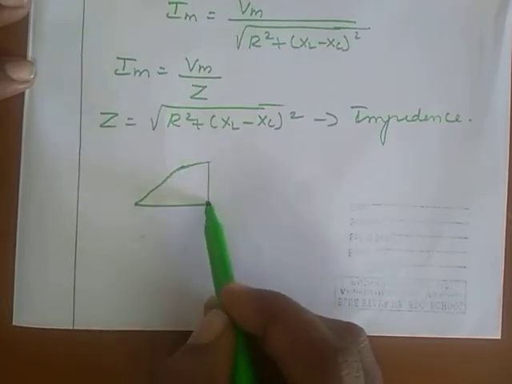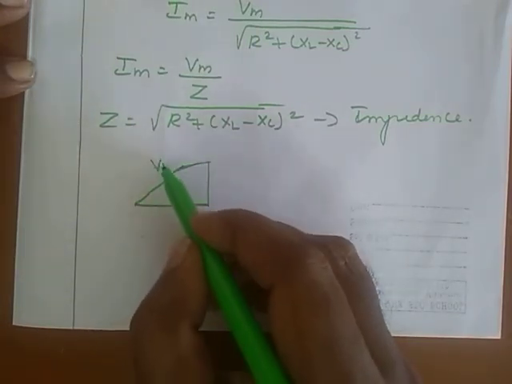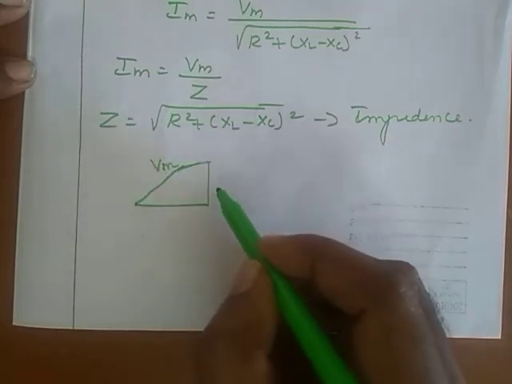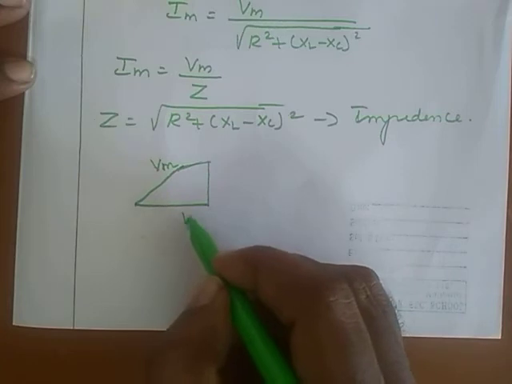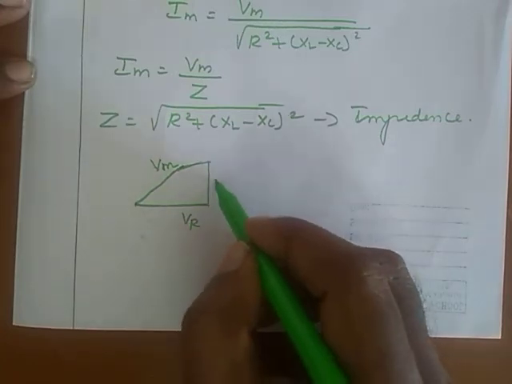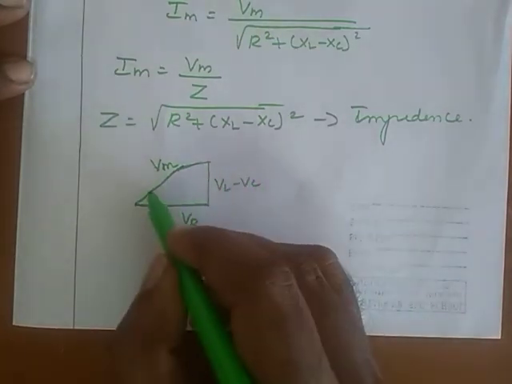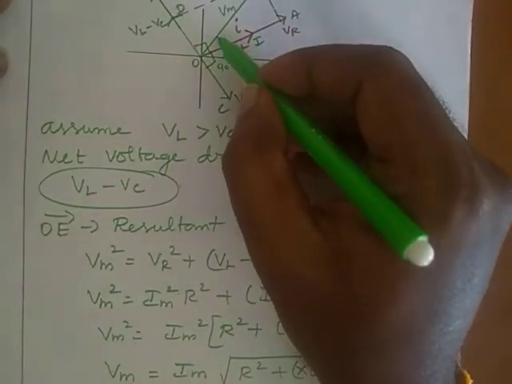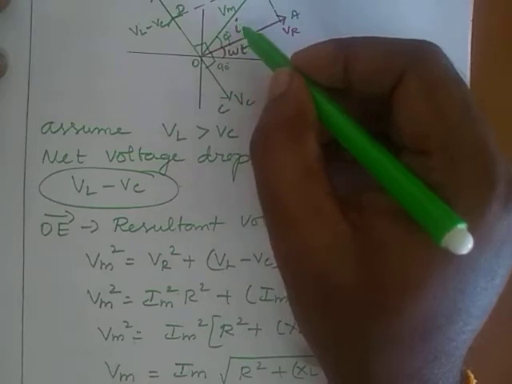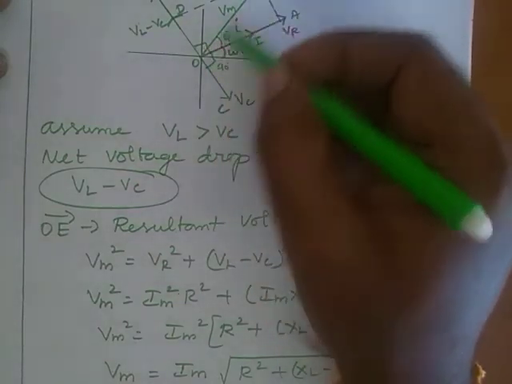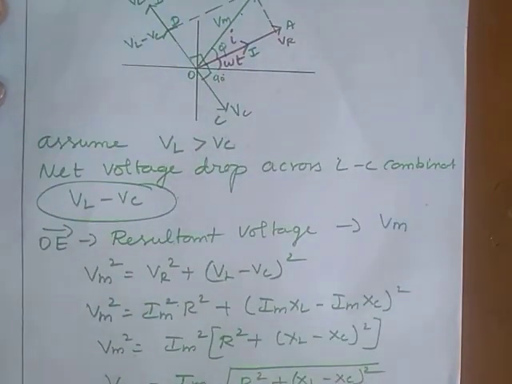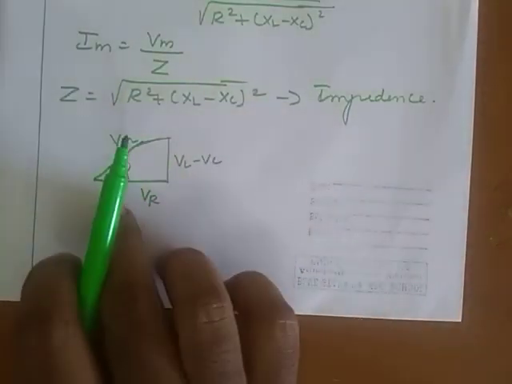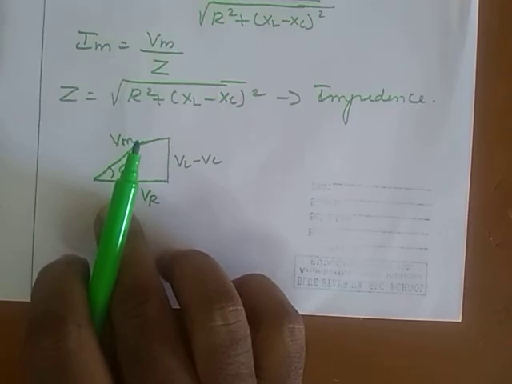This is Vm, this is VR, this one is VL minus VC, and this one is phi. Here phi is the phase angle between the current and the net or resultant voltage. So we need to find the value of phi.